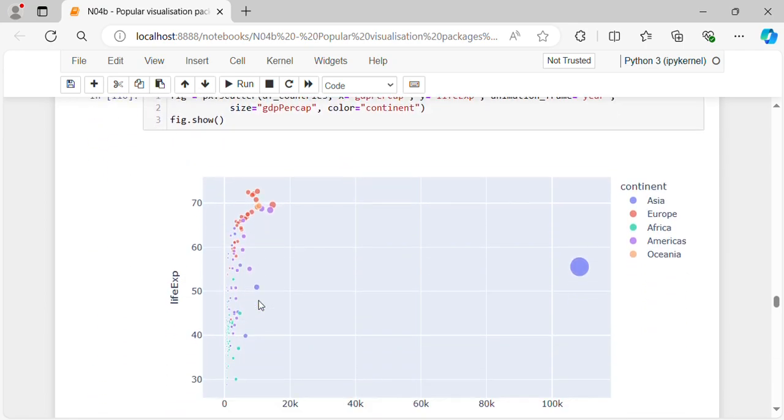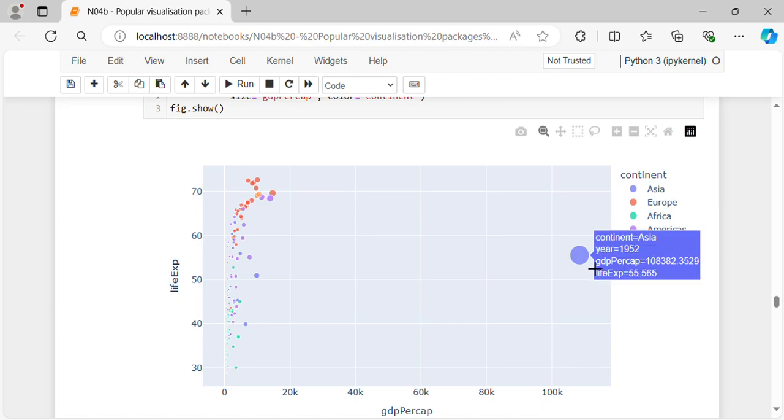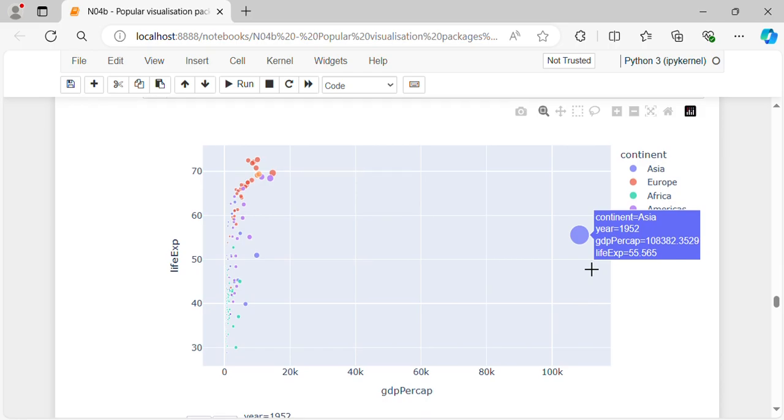Fig.show. Now we can see that the color blue represents Asia, for the continent equal Asia. And the year is 1952. And GDP per capita, which is on the x-axis, is around 108.382.